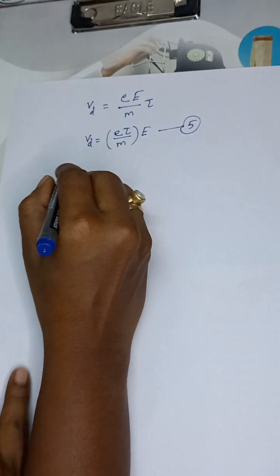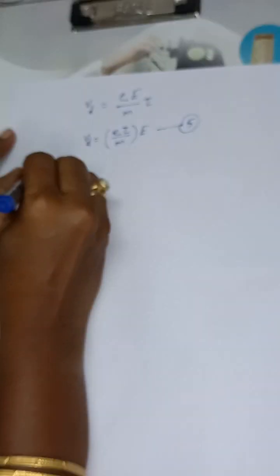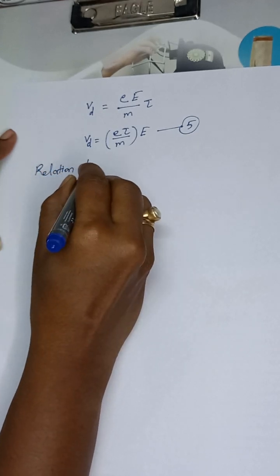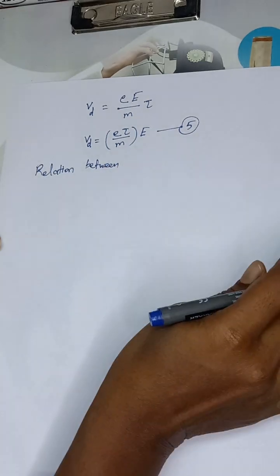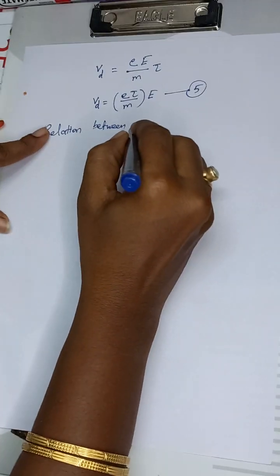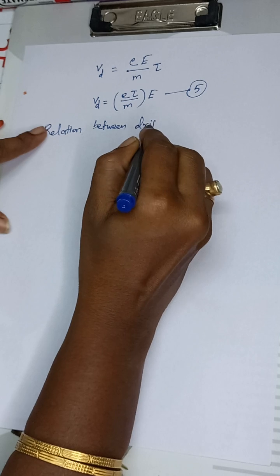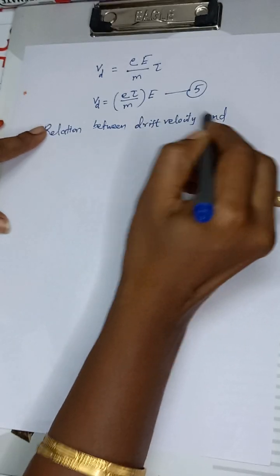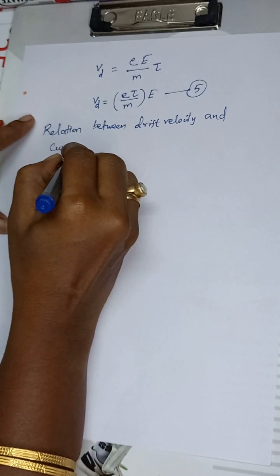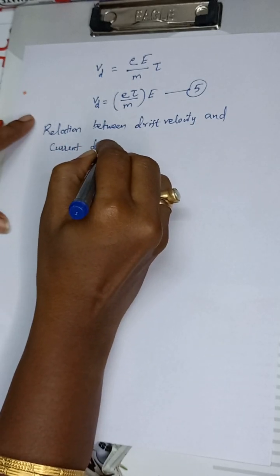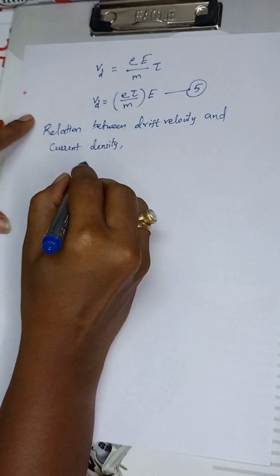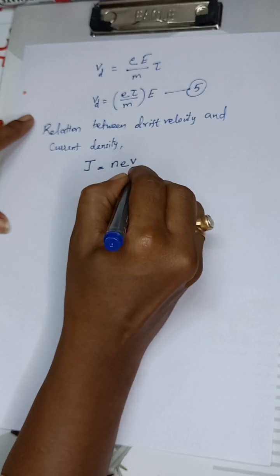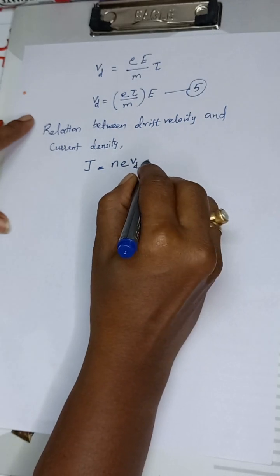So the relation between drift velocity and current density is J is equal to n e Vd.